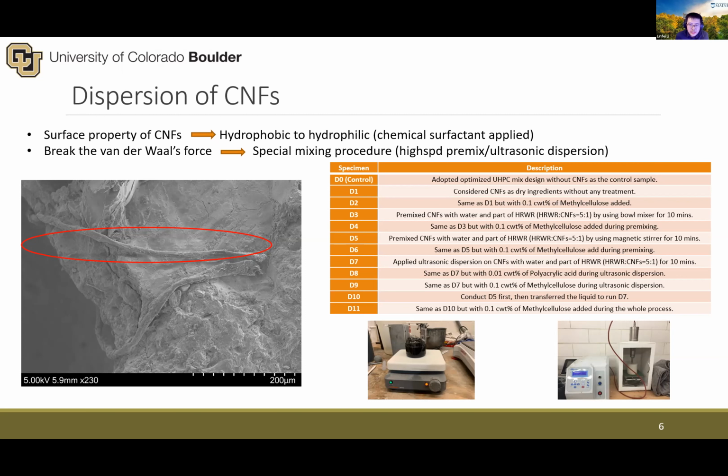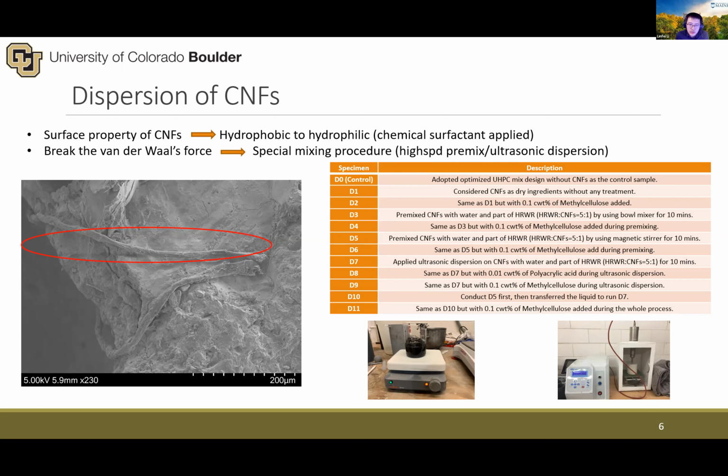Two major challenges for well-dispersed carbon nanofibers have been identified. One is the hydrophobic surface property of the carbon nanofibers, which could be relieved by adding chemical surfactants to change their surface properties. The other is the van der Waals forces between single fibers.